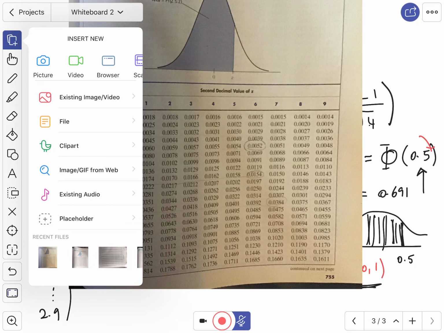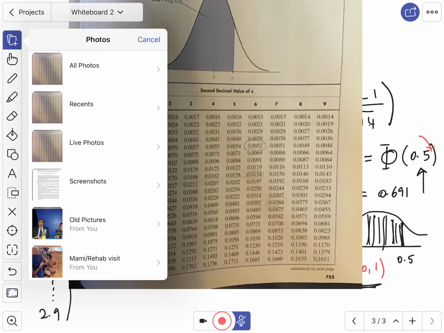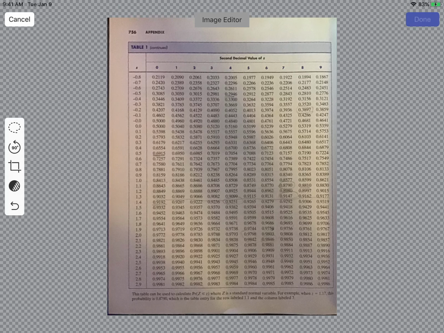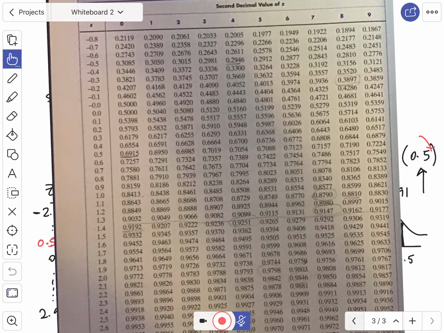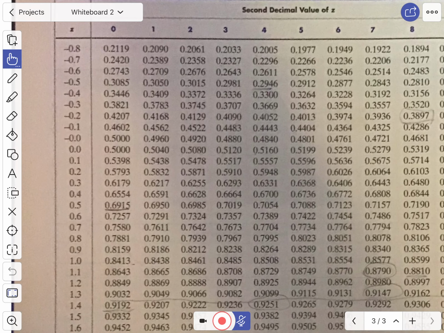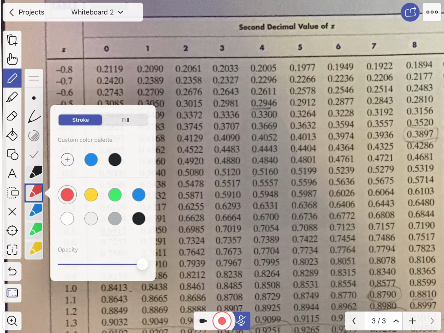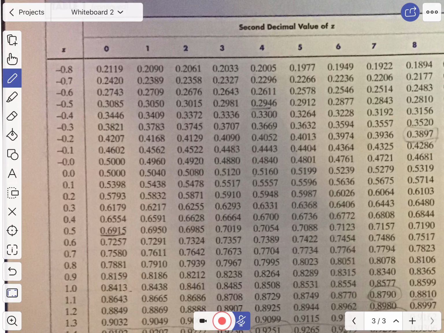So let's see the second page. You go to the second page, you will find it right here, 0.5, second decimal 0, then you will find it here. So the probability under the graph is 69.15%.